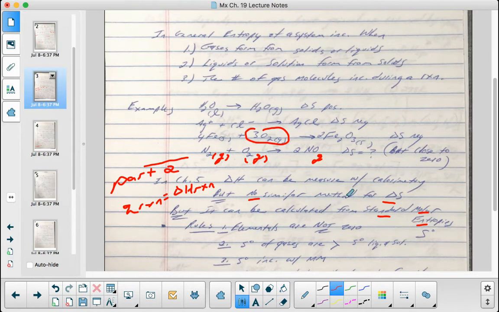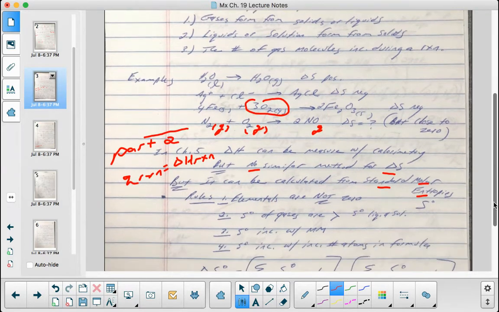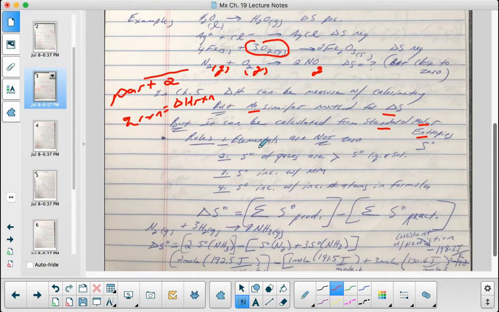So there are a couple of rules that you have to remember when you're doing the calculation. Elementals are not zero, unlike when you're calculating delta H. The standard S of a gas is greater than the standard S of a liquid and a solid.